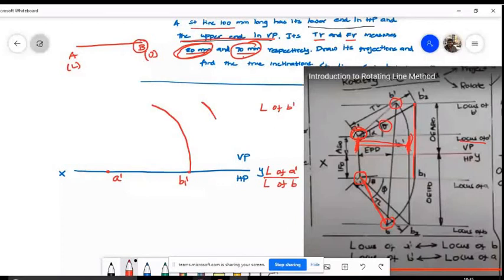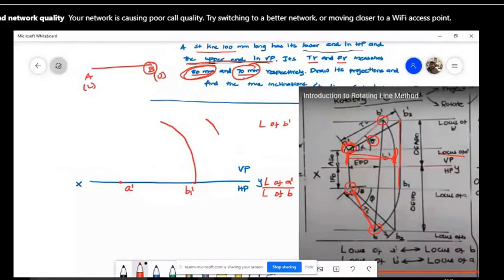Are you able to follow? I think you people are struggling a little bit. Sir, the diagram on the right side is not clear. Okay, start again first.